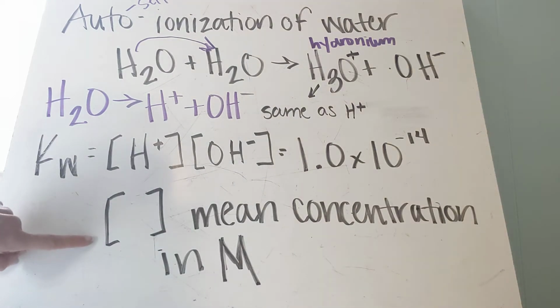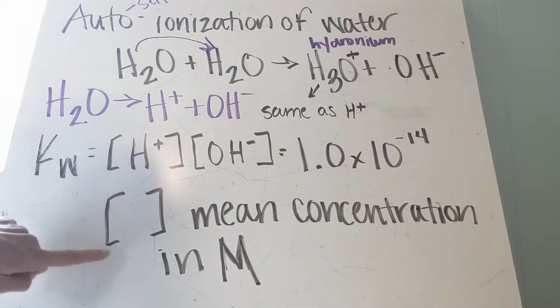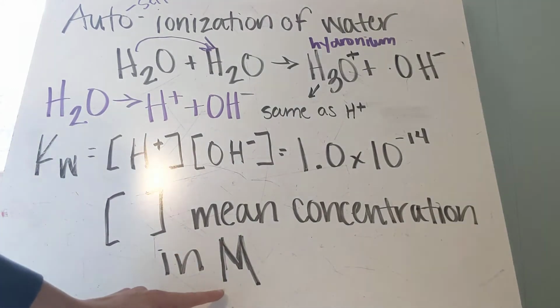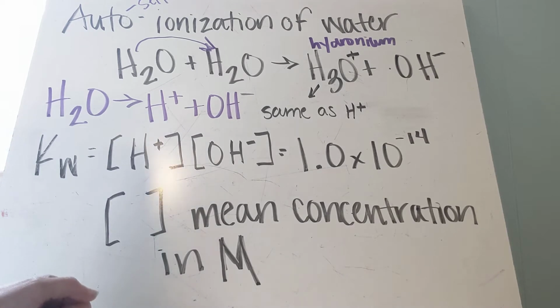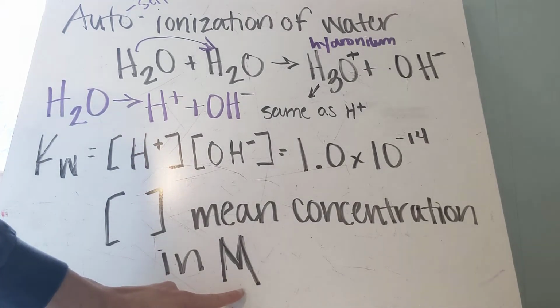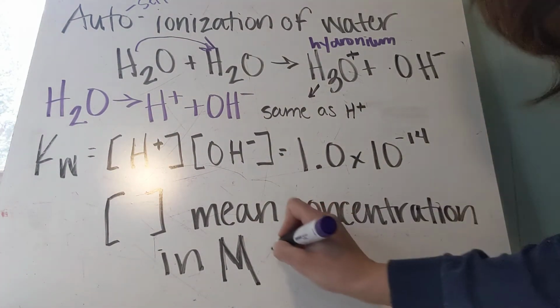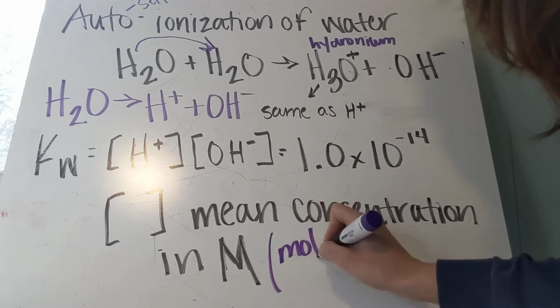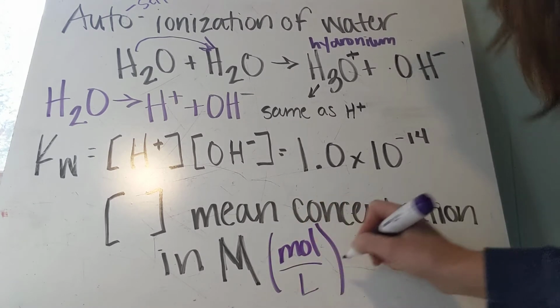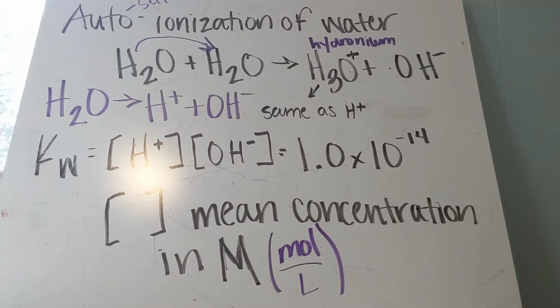These brackets mean concentration, specifically in molarity, or big M. Remember big M from solutions. Big M is molarity, and the units for that are moles over liters. This is the formula that we're going to be using.